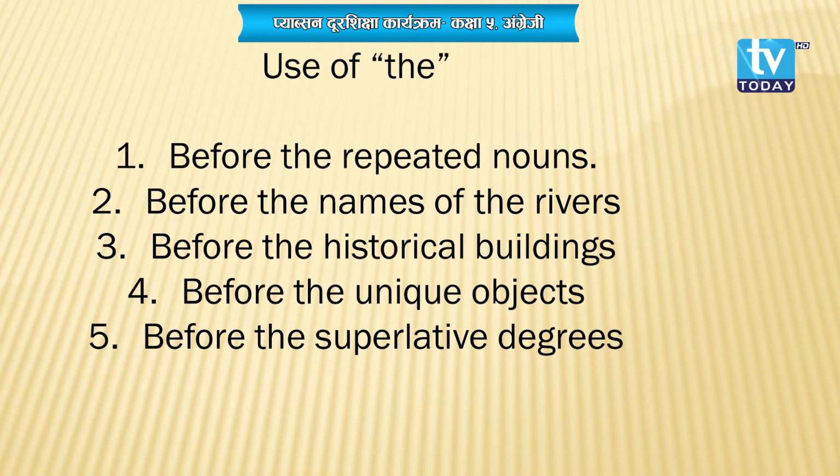Okay. Now the next one is number 5, before the superlative degrees. We have talked already, adjectives have 3 different forms. They are called the degrees of adjectives. Within those degrees, we have the general degree first, the next one is comparative degree, and the next one is superlative degree. Superlative degree consists of comparison among many, more than 2.